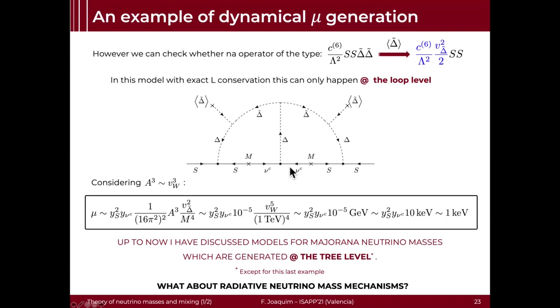Well, except for this case, where I considered a specific example in which the mu term is actually generated at the loop level. But now it is important also to see whether there are realizations where the lowest order contribution to neutrino masses comes at the loop level and not at the tree level.